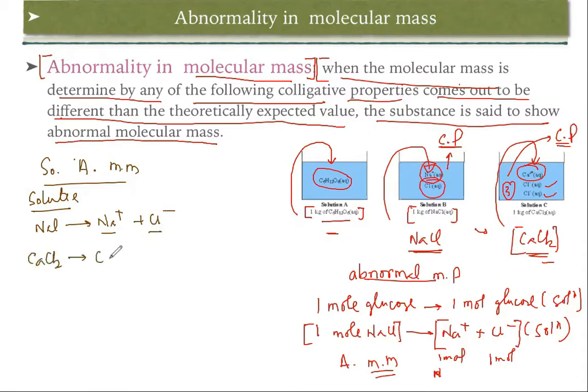This is Ca2 plus and 2 Cl minus. That means in the solution part, we are going to get 3 moles of ions. You can think of H2SO4. So sulfuric acid, in the solution part, you are going to get 2H plus and SO4 2 minus. So 3 moles of ions you are going to get. So using those moles, you can do the calculation and get the molecular mass.